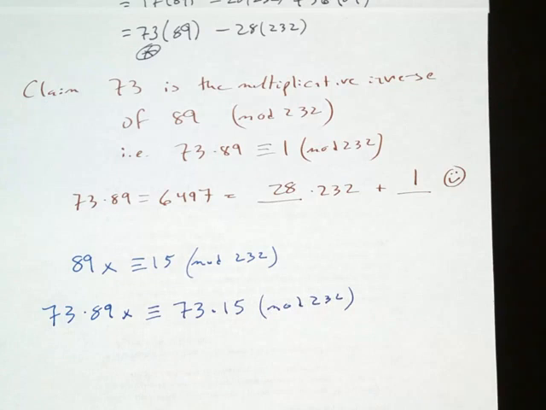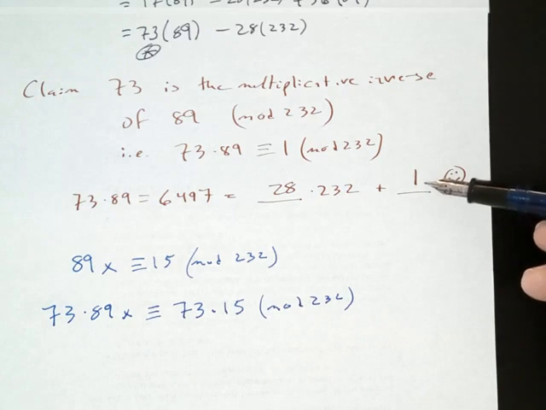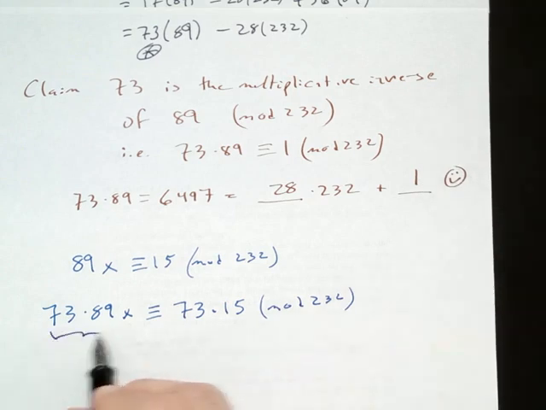Because over on the left-hand side, 73 times 89 is 1 mod 232. So on this side, this becomes 1, which means I get x equals... x equals what? Well, what's 73 times 15?